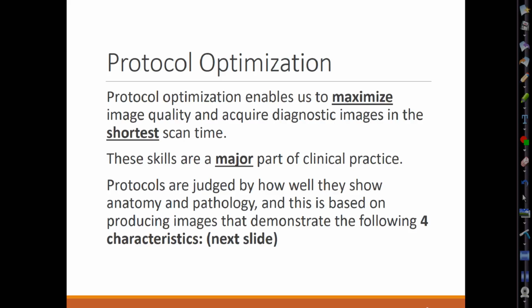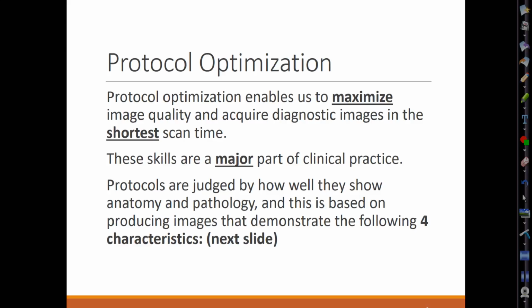TR. Okay. So if you have a longer TR, you're allowing that tissue to relax, recover back to full recovery, and then you have more of that net magnetic vector to flip into that transverse plane during the next RF pulse. So if you have a longer TR, usually you get better signal, which you can see the anatomy better from.